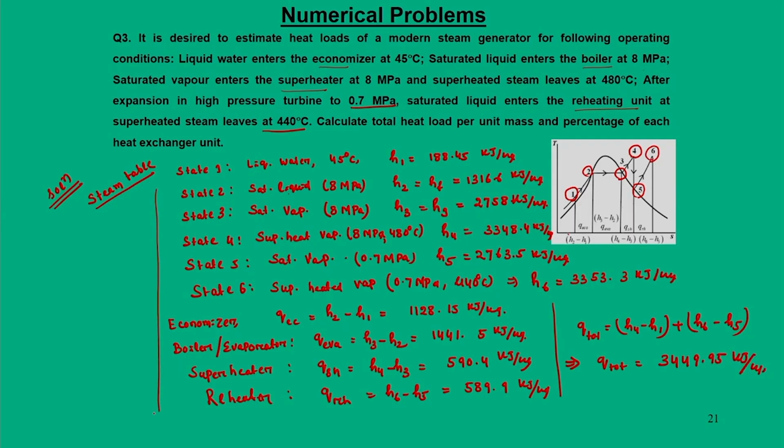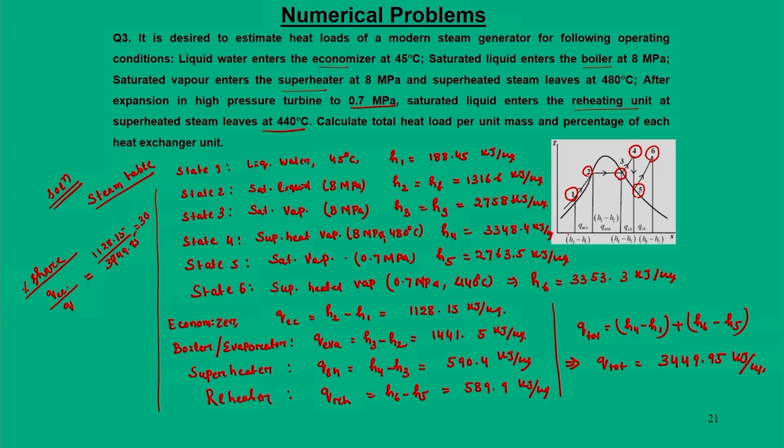So, we have all the state point values. So, we can find out percentage share, that is Q economizer by Q. That number is 1128.15 divided by 3749.95.